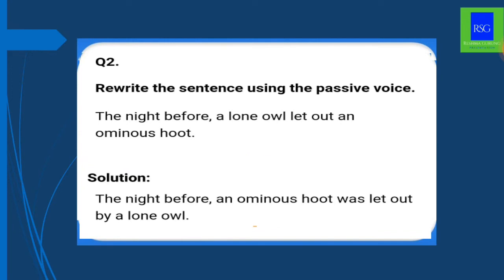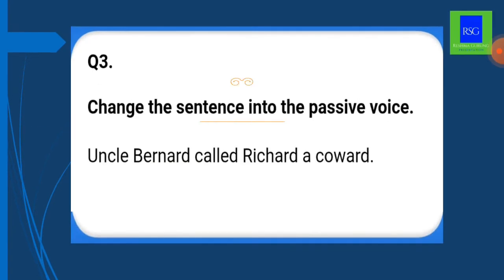Now let us see sentence number 3. Here also you've got to change the sentence into passive voice. The sentence is: Uncle Bernard called Richard a coward. The subject is Uncle Bernard, the verb is called, and the object is Richard. So you've got to begin the sentence with Richard.